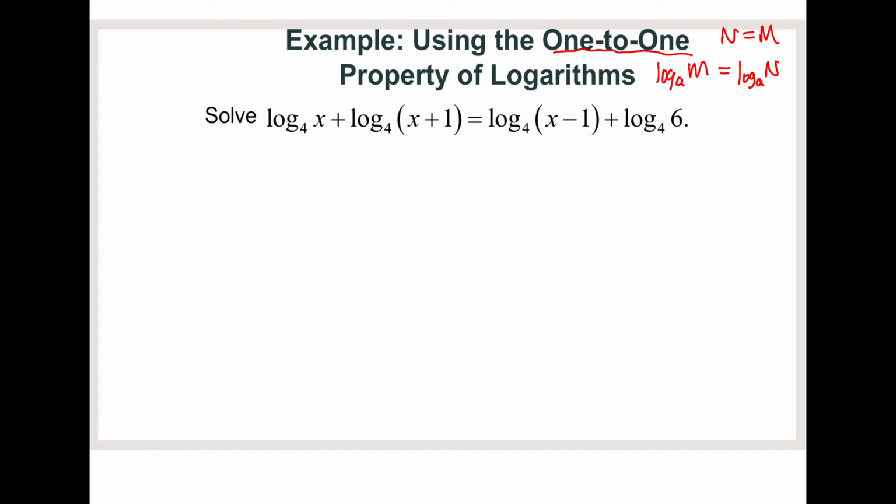So they have to be equal to each other, right? If their logs are equal, then the expressions would have to be the same as well. And so we're going to use that property here as well.